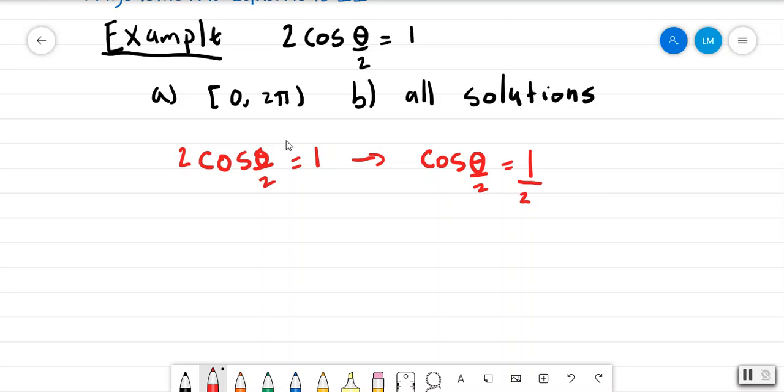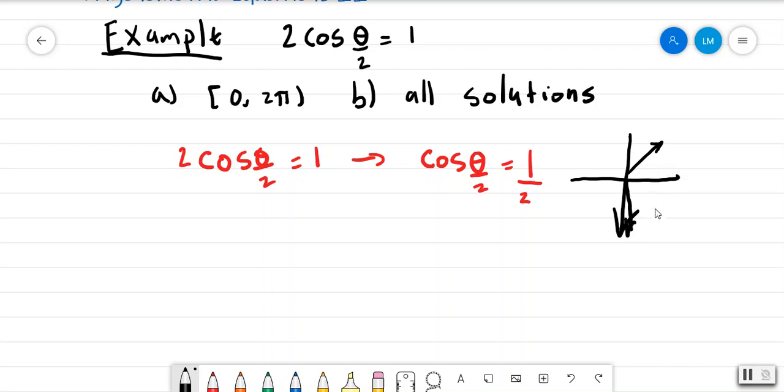Well, we know that the angle measure that gives us a half is going to be not only in the first quadrant, but also in the second quadrant.